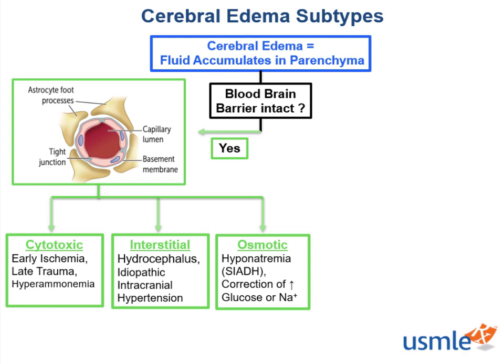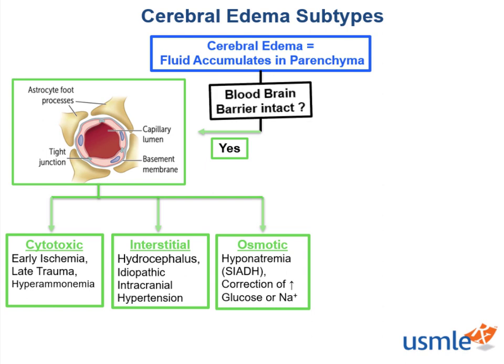The barrier is further reinforced with the basement membrane of those endothelial cells, as well as pericytes, which wrap themselves around those endothelial cells, and they are not pictured here. Finally, astrocytes wrap their foot processes around all these layers to further prevent the transport of materials from the blood to the brain. As we will see on the coming slide, these causes of cerebral edema do not alter the blood-brain barrier to cause swelling in the brain.